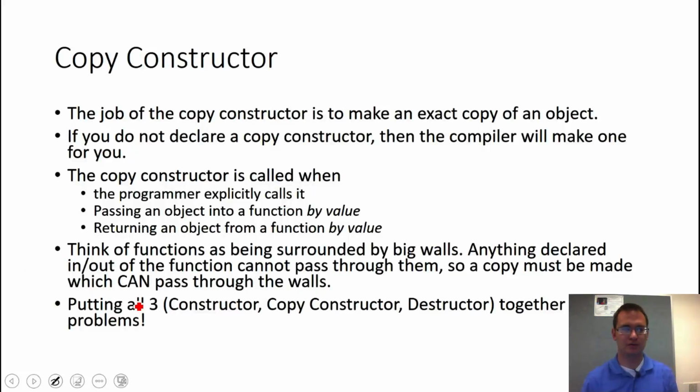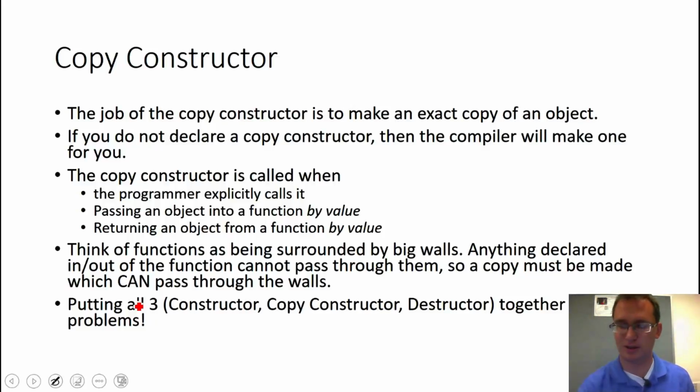So now, the copy constructor. The job of the copy constructor is to make an exact copy. However, this is where we start running into problems. So anyway, the copy constructor is called when the programmer explicitly calls it.